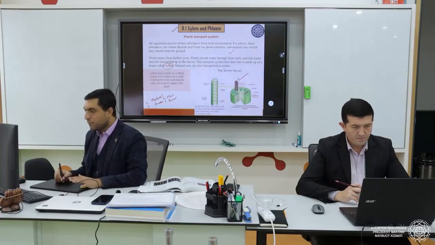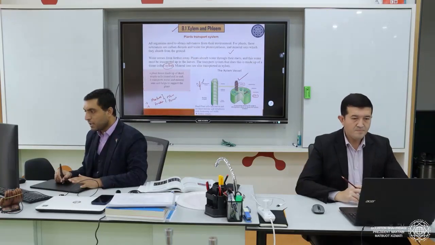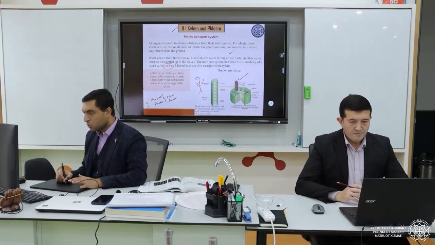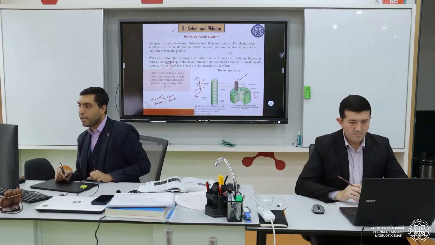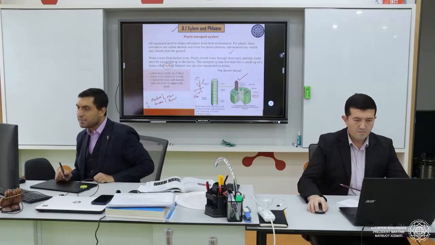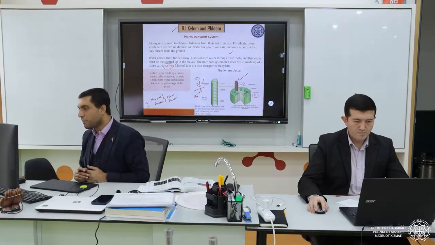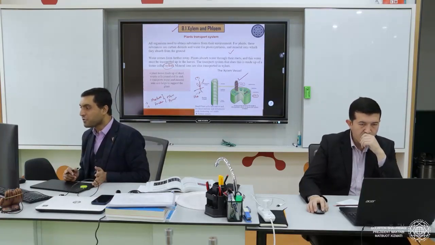Suppose we have plants. Plants will absorb water from the soil. When this water is absorbed by the roots and root hairs, it must be transported to all parts of the plant, not only the roots but also the upper parts, the leaf and stem, where the plant does photosynthesis and different reactions.